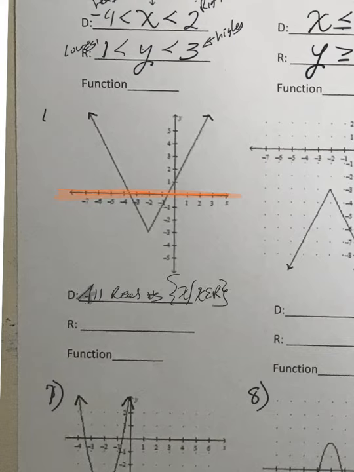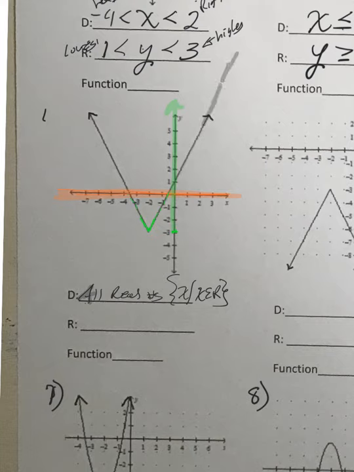And then for the range, we want to know how low and high it goes. Do you see that it starts here at -3? There's the tip of the V, and that's where it starts, and then from there it starts to go up. So it does have a starting location, and then it keeps going higher and higher.